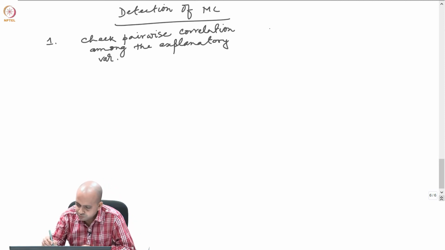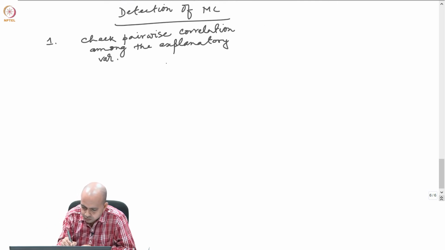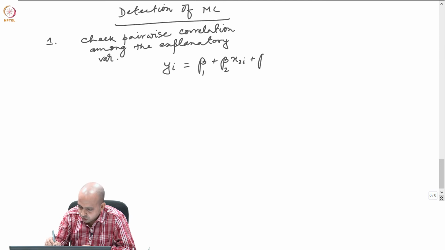For example, let us say my model is yi equals beta 1 plus beta 2 x2i plus beta 3 x3i plus beta 4 x4i plus ui.